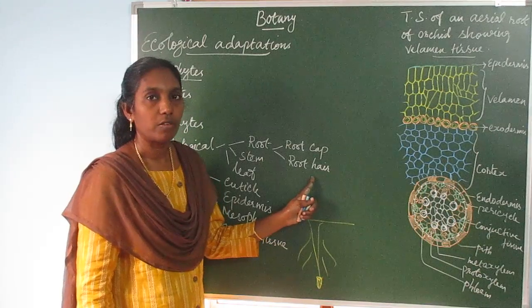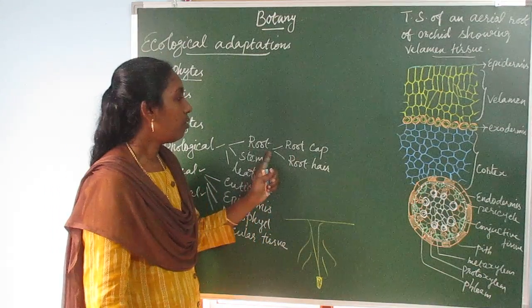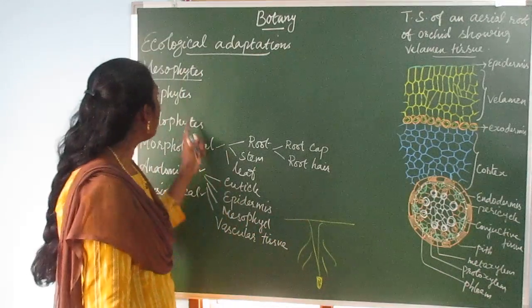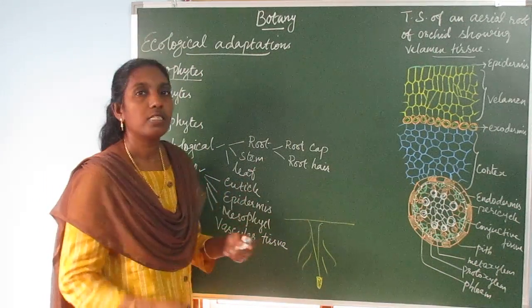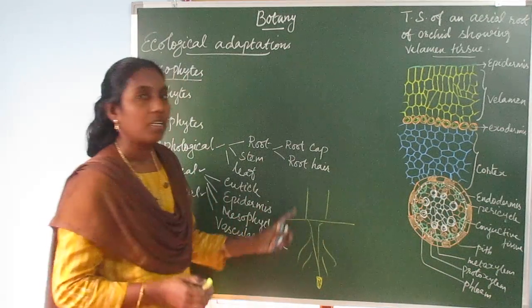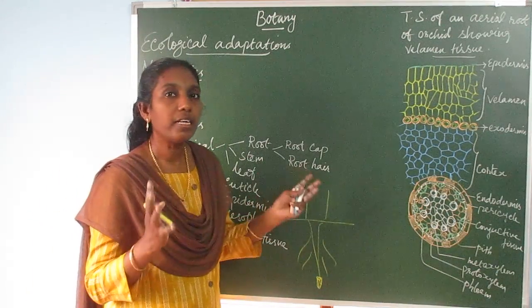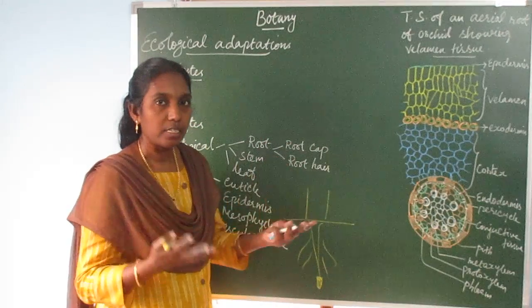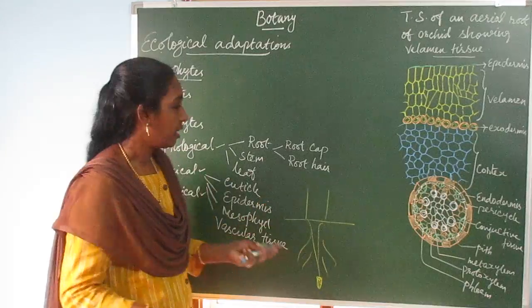This is an important one word or 2 mark question. Under root you mention this point: root cap and root hair are present in mesophytes. Then stem, you know that the stem is the aerial part of the plant. The stem is highly branched.